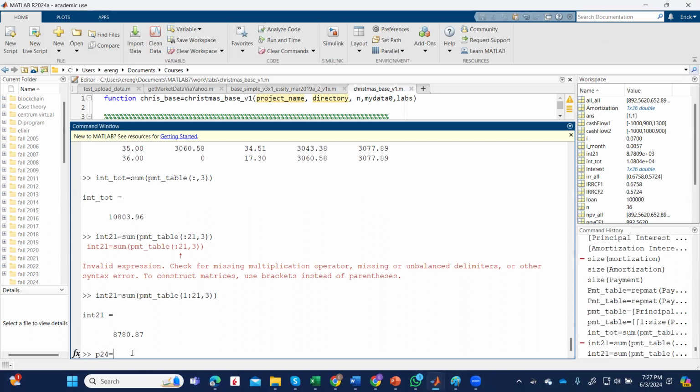P24 equals. Okay, we'll copy this part here. I want position 24, so the row is position 24. And then the column is column 2.